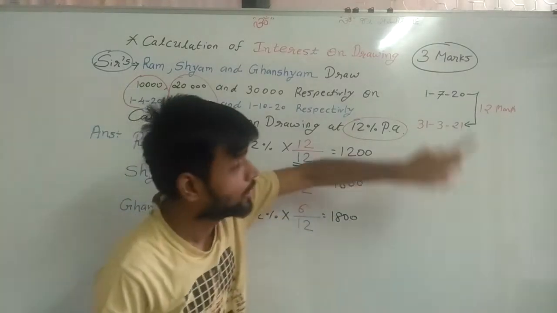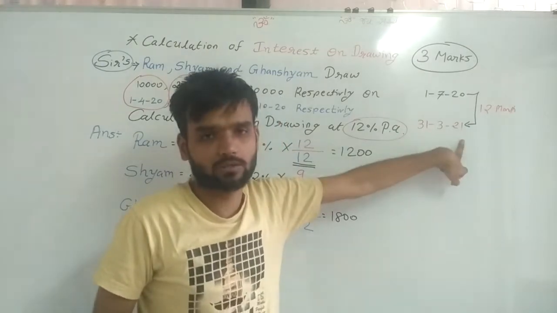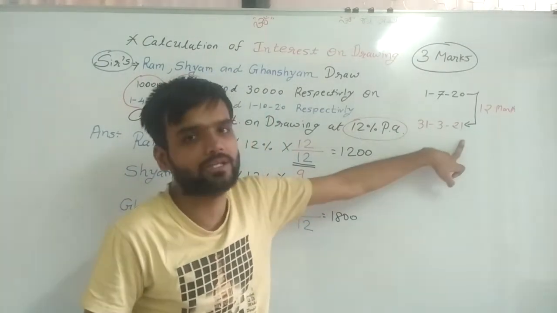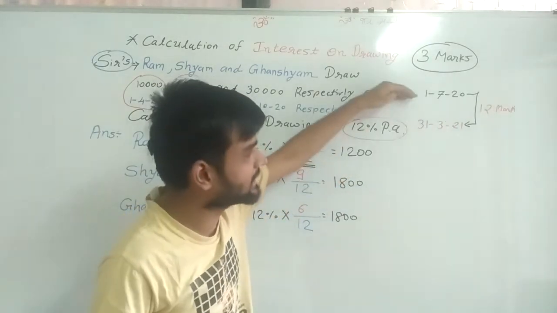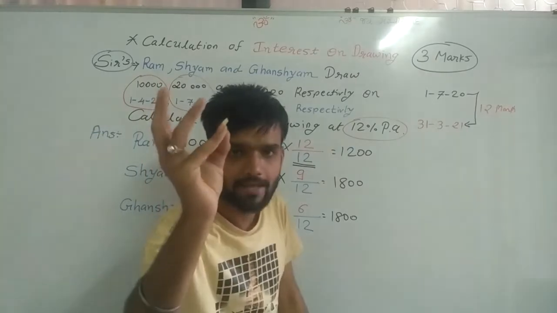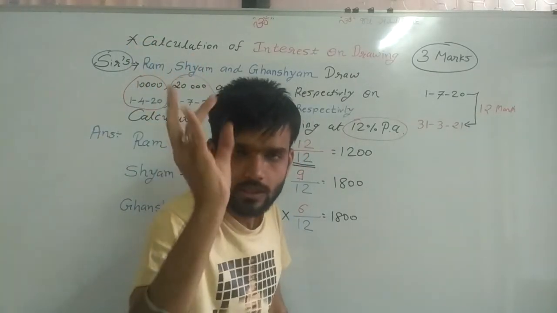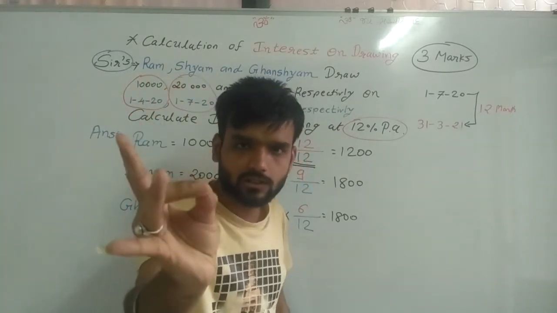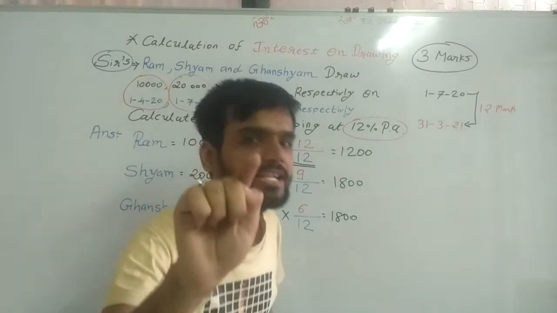Now from 1/7/20 to 31/3/21, how many months are there? First we need to calculate that. So start from the 7, because 7th month is whole. So 7, 8, 9, 10, 11, 12, 1, 2 and 3. So 9 months are there.